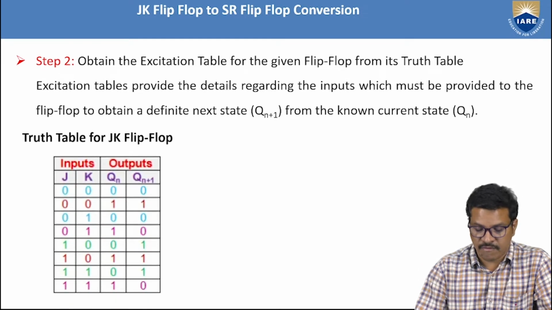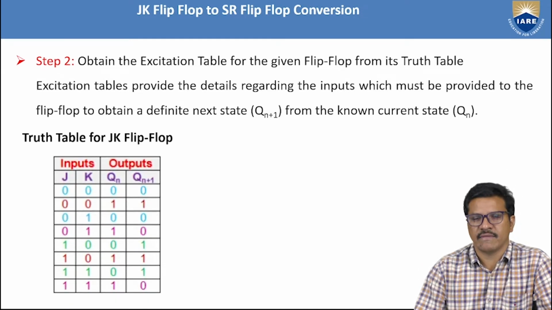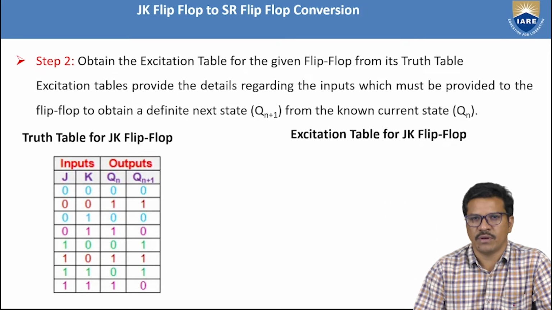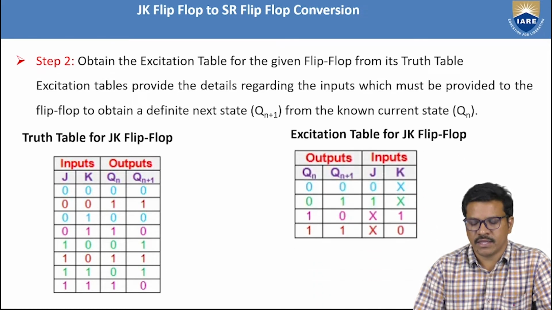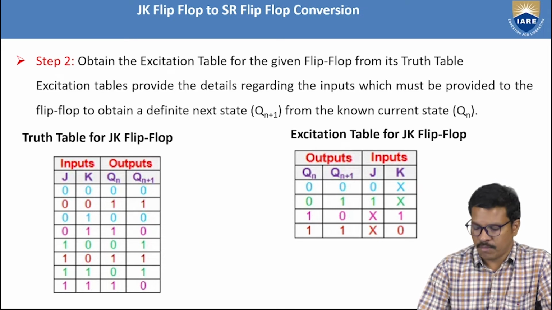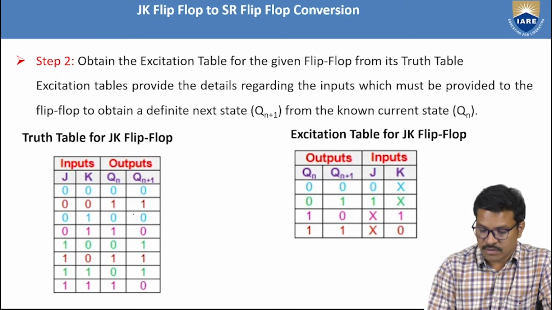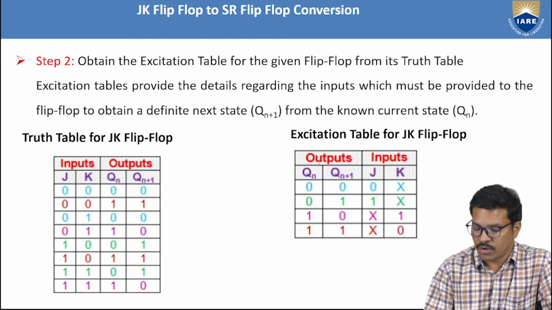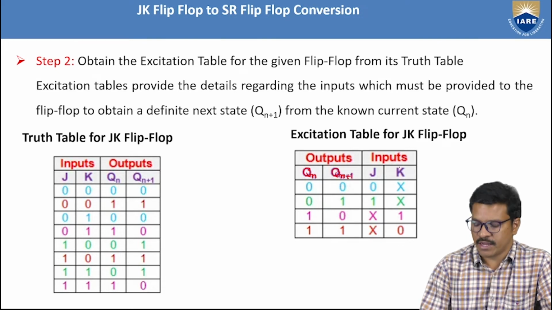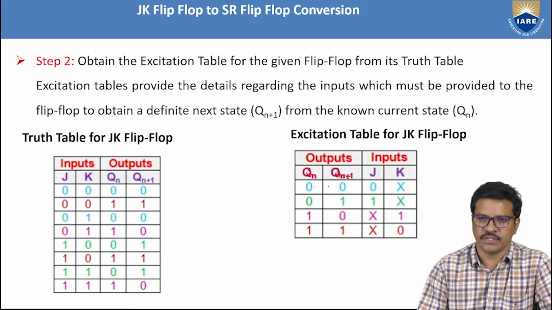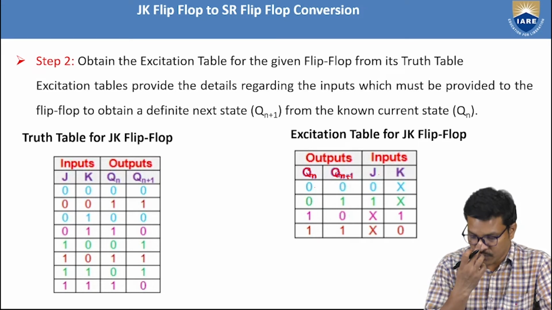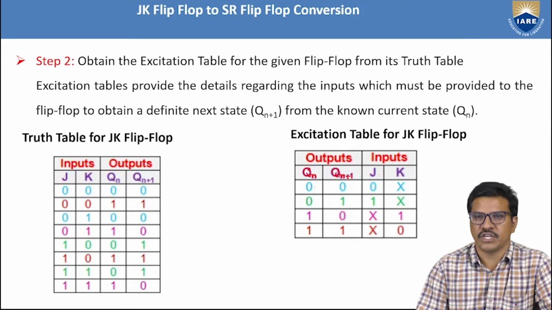We use the truth table for the JK flip-flop, from which we can generate the excitation table. By considering these two in parallel, we can make the excitation table. So what is the excitation table? We have a present state and also a next state, and the combinations of J and K needed to make the present state change. If the present state is 0 and the next state is 0, what will be the combinations of J and K? And for present state 0 and next state 1, what will be the combination of J and K?